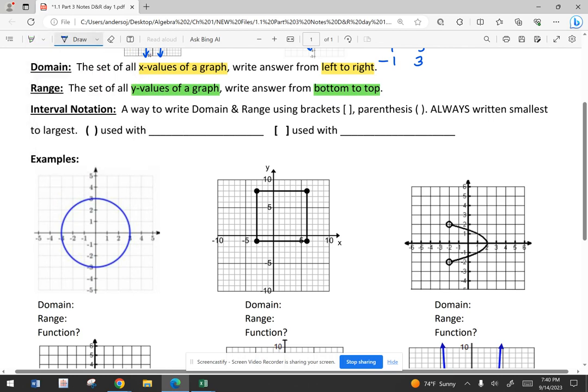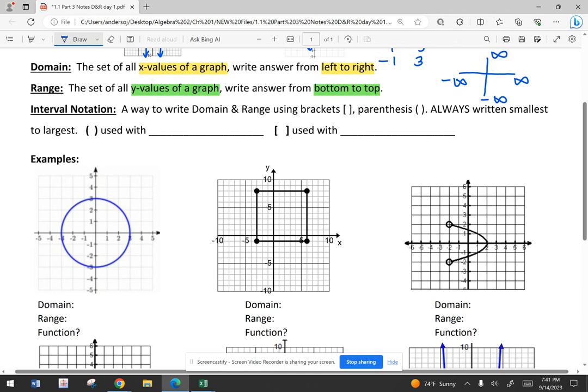The reason we do this from the left to the right is because it goes in the order from smallest to largest. And the same thing from the bottom to the top. It's going from the smallest number to the largest number.